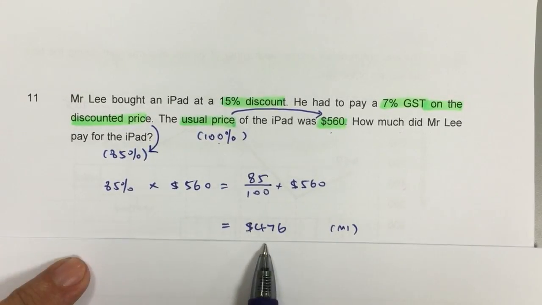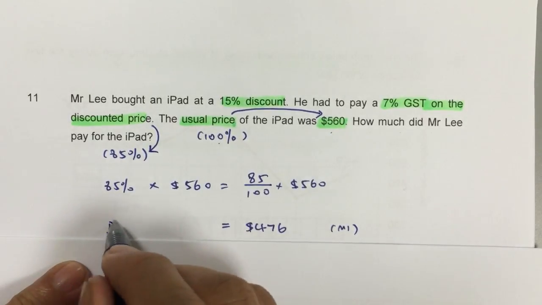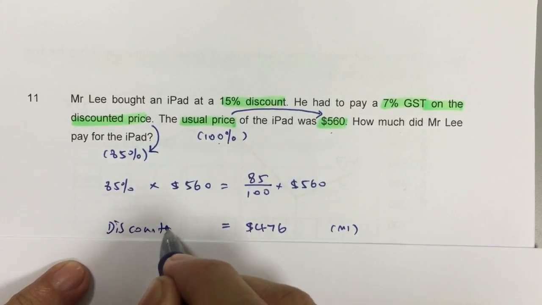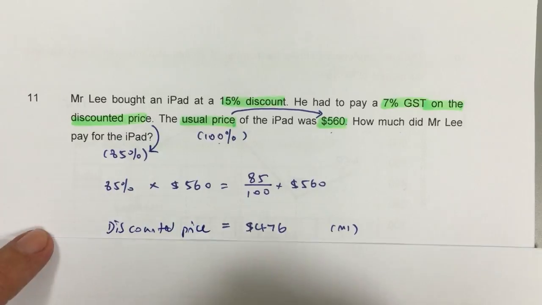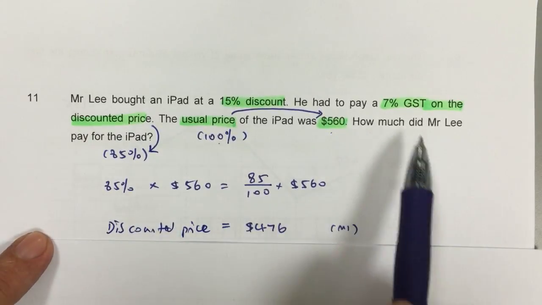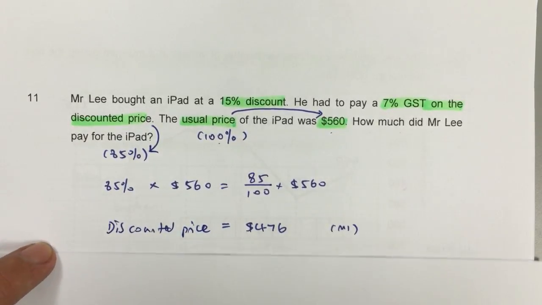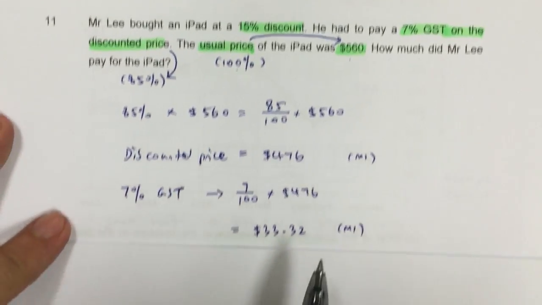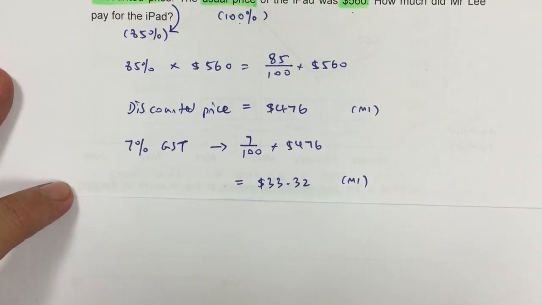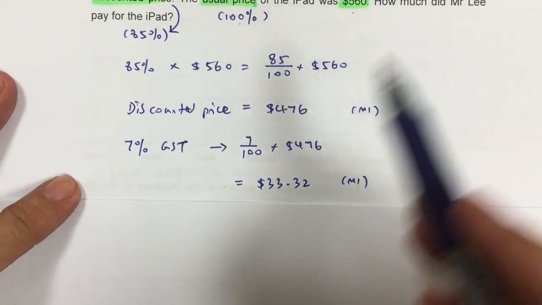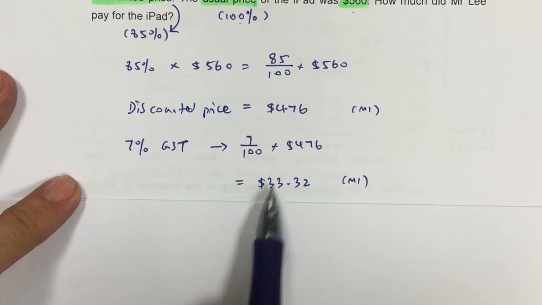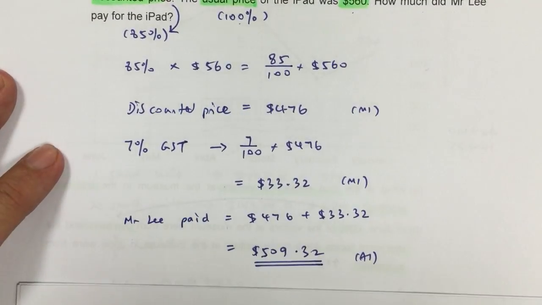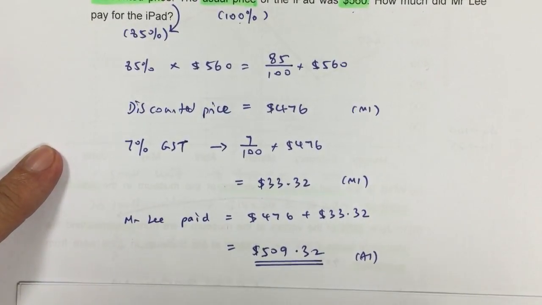This is your discounted price. Then you work out 7% on the discounted price. GST 7% times 476, you have 33.32. Then the price Mr. Lee pays will be the 7% plus the discounted price, which is 509.32.